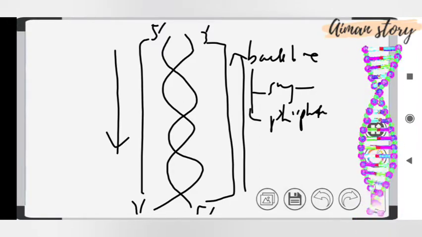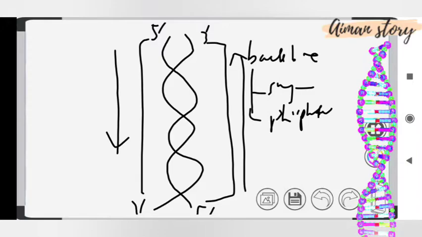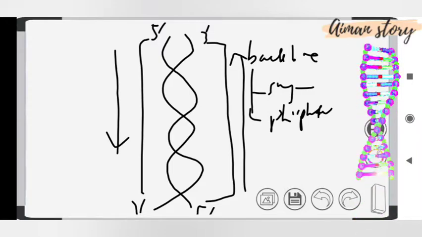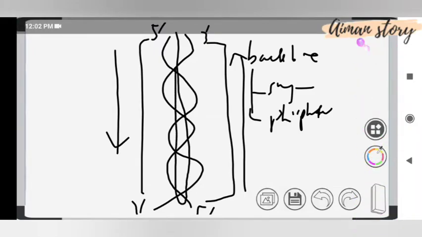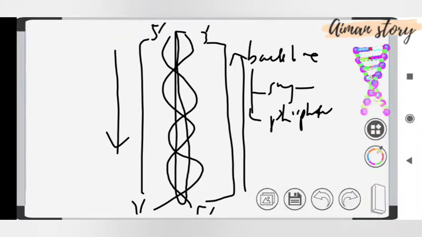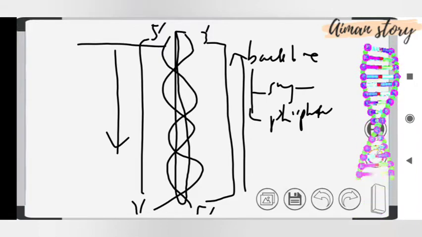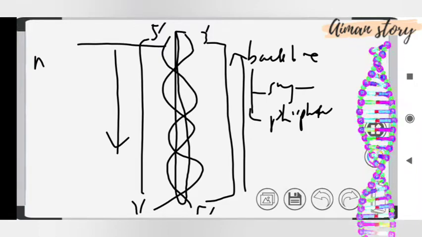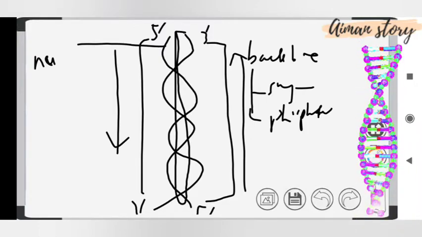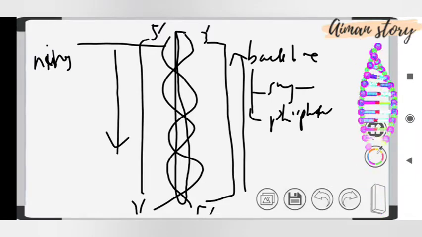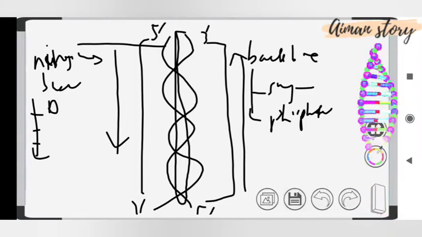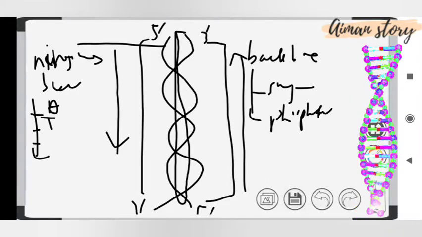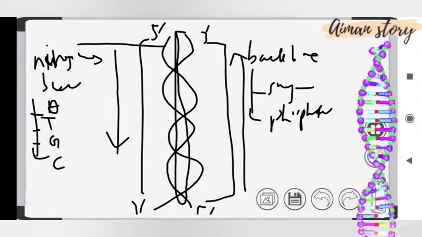And the inner structure, the inside of the DNA, is the nitrogenous base, which consists of 4 types: adenine, thymine, guanine, and cytosine.